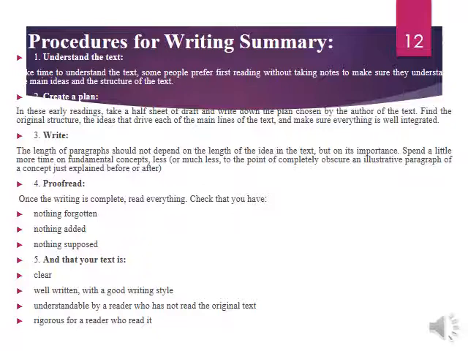Number two, create a plan. It is important for the person who is summarizing a text to write down the plan chosen by the author of the text, without deviating from the original structure of the particular text.